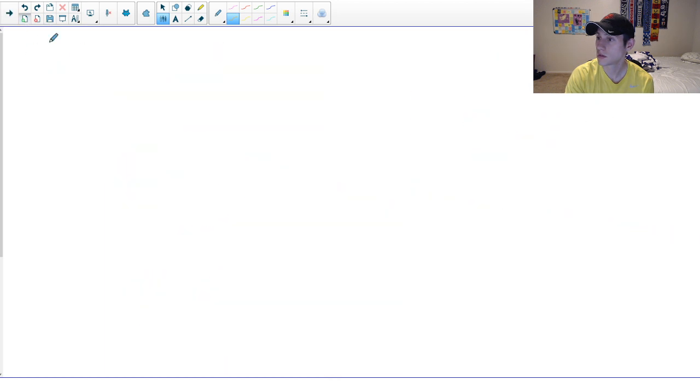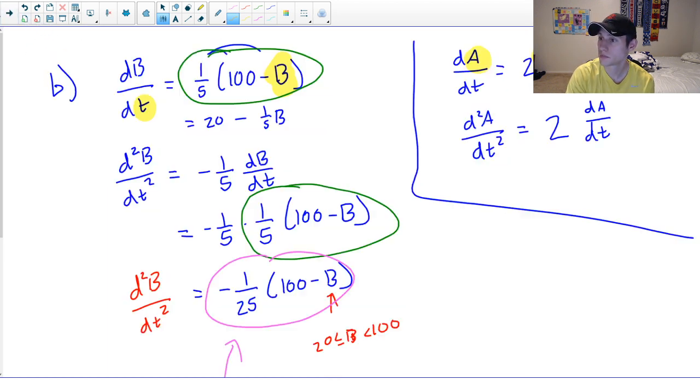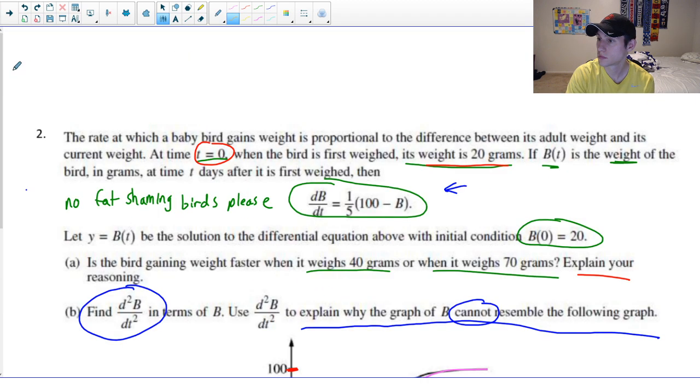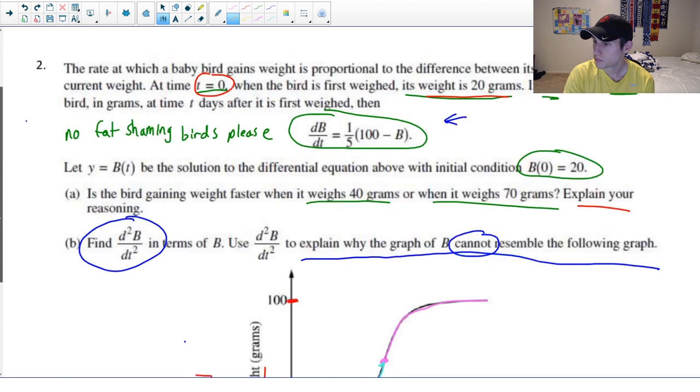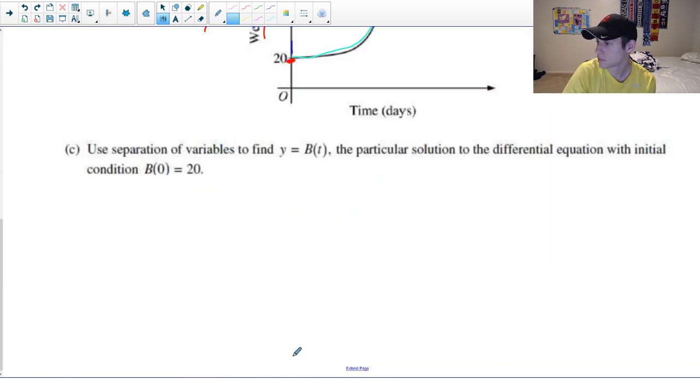Okay, let's go to part C. Use separation of variables. Okay, well that's nice. It's telling me specifically what to use. The particular solution.